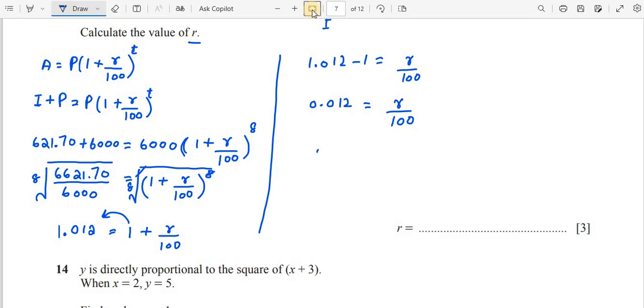To find the value of R, multiply by 100. So 0.012 multiplied by 100 gives 1.2. So the final answer is 1.2.